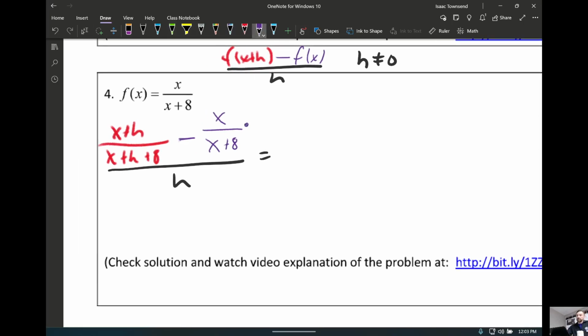I would love to multiply this by x plus 8 to make those cancel. But if you multiply one term by x plus 8, you better multiply everything by x plus 8. I would love to multiply this one by x plus h plus 8 to make those cancel, but same thing.